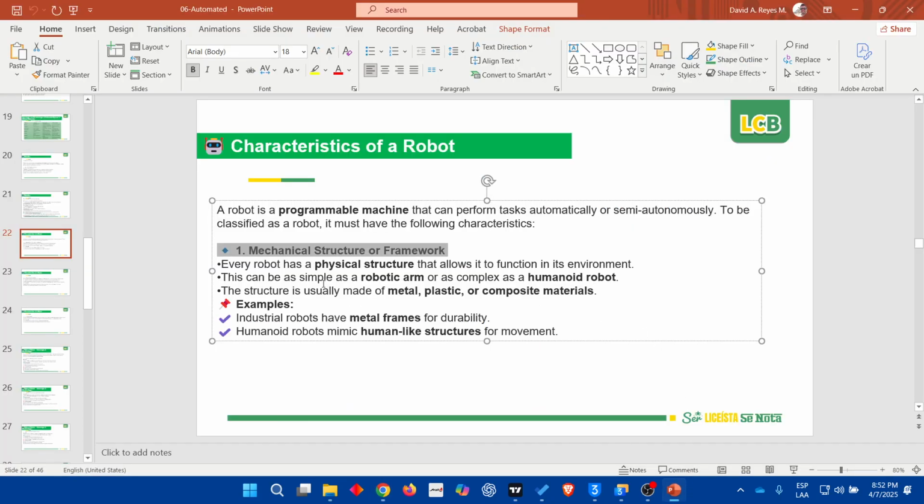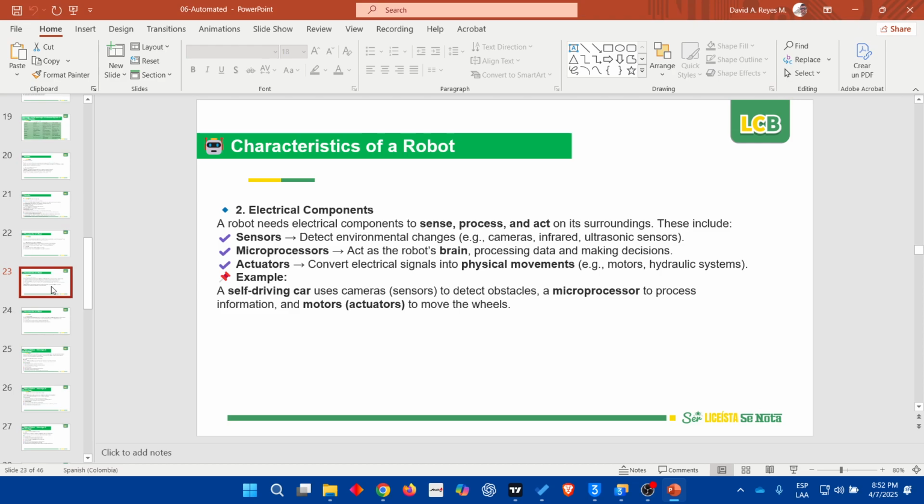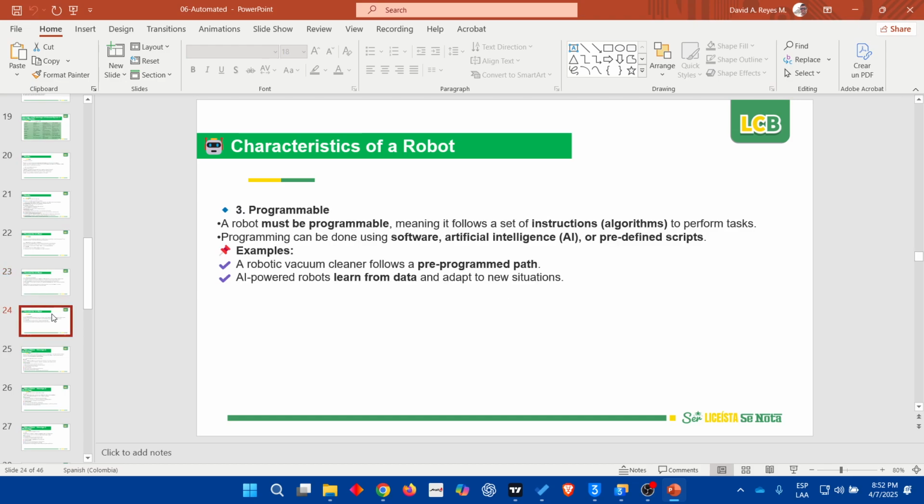Okay. So every robot has a physical structure that allows it to function in its environment. Example, I already showed you one. Next one, electrical components like sensors, microprocessors, and actuators. Okay, must be programmable. That means that a robot must be programmable, meaning that it follows a set of instructions, algorithms, to perform tasks.